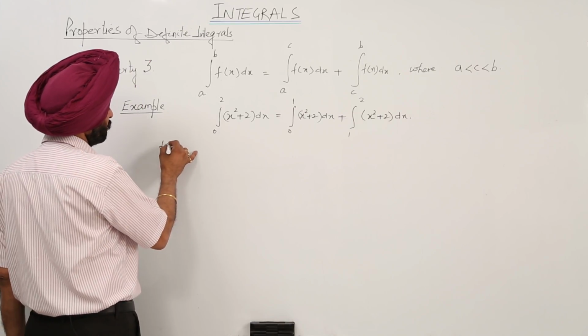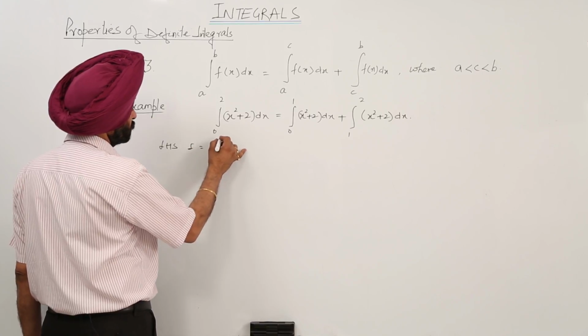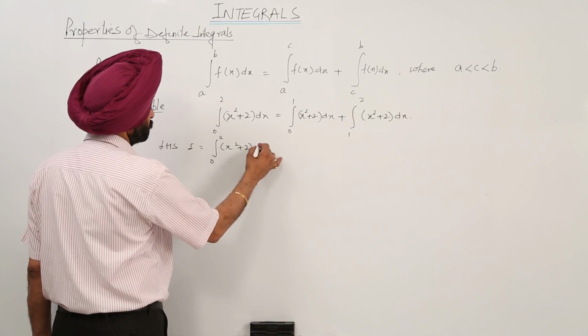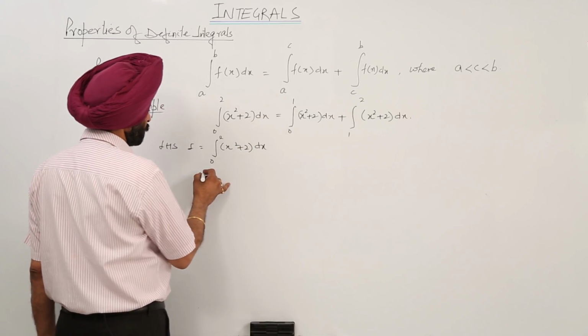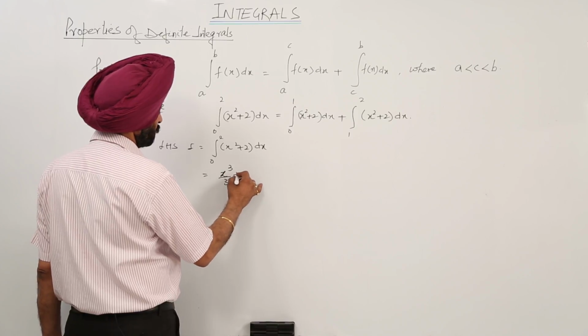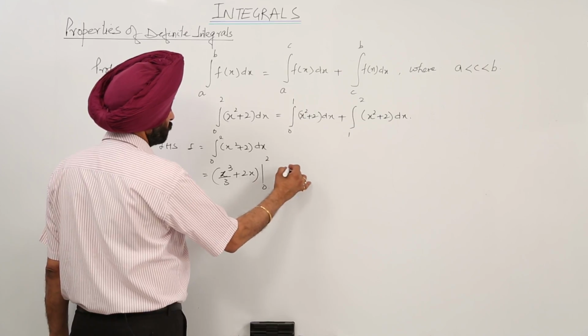Now, left hand side, integration for 0 to 2 of x square plus 2 dx. Now this is equal to x cube upon 3 plus 2x, from 0 to 2.